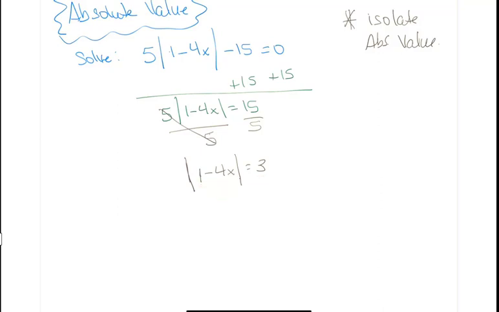So once you get the absolute value all by itself and it's isolated on one side, that's when you're going to split it into two equations. And we're going to have either 1 minus 4x equals 3 or 1 minus 4x equals negative 3.